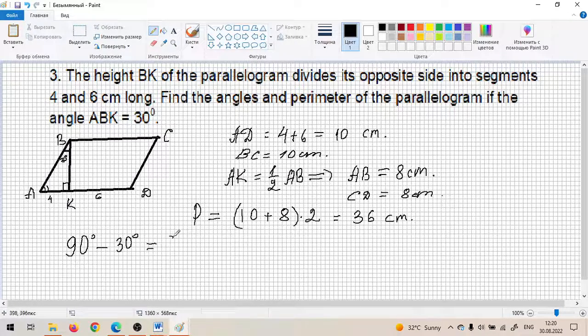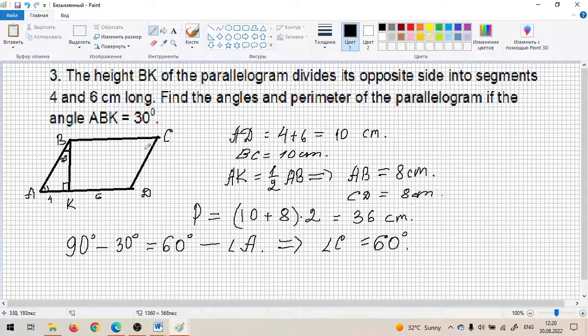So 60 degrees, it's angle A. A and C are opposite. So angle C is 60 degrees too.